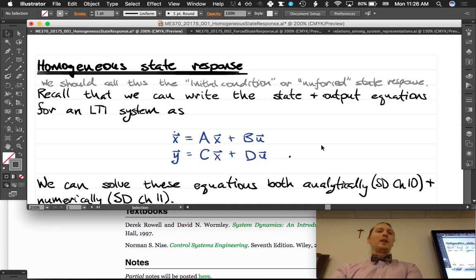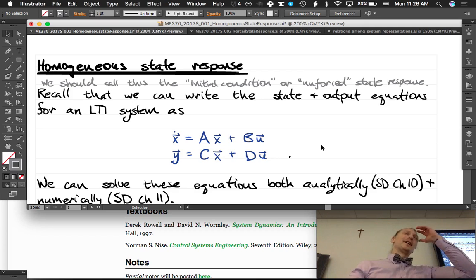But really, we should call it something like initial conditions state response or unforced state response. Because, as you're going to see, we're going to actually plug in the initial conditions. And if we plug in the initial conditions, that would make it the initial condition response. So, anyways, just bear with the poor choice of nomenclature.